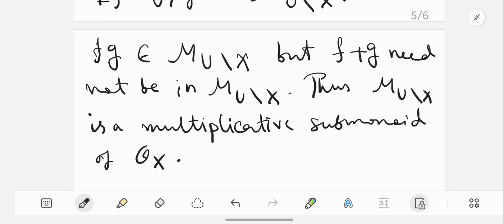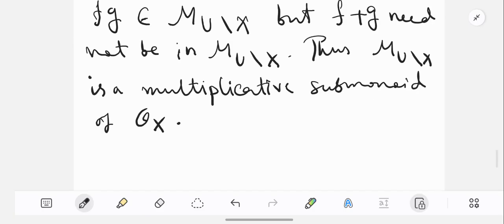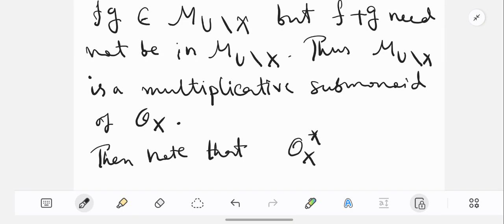Now note that it contains the sheaf of units O_X star, which is actually contained in M_{U/X}.